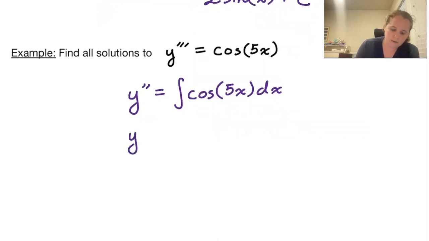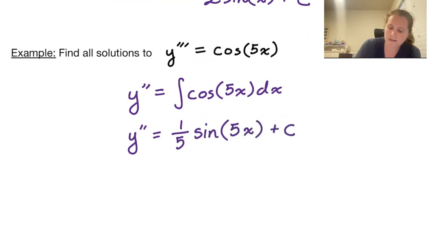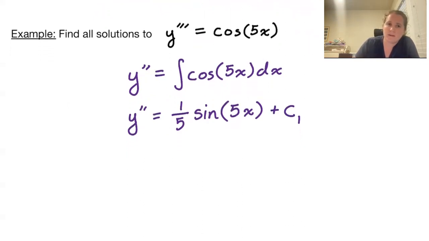Taking this integral, you could do u substitution, setting u equal to 5x if you like, or if you just remember your rules, we wind up with 1/5 sine of 5x, and I'm going to say plus c1. The reason why I have a plus c1 is because each time we integrate, we're going to have to add in another constant. This way we can distinguish between them.